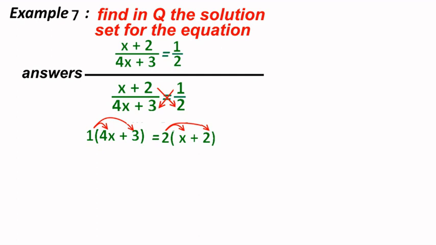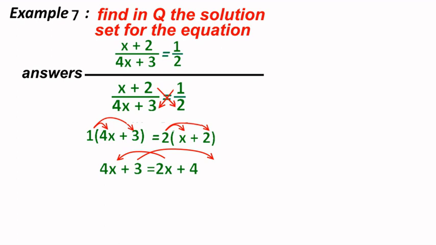Now multiply the numbers outside the brackets by the terms inside the brackets. 1 times 4x and 1 times 3, and on the right hand side 2 times x and 2 times 2. 1 times 4x, the answer is 4x, plus 1 times 3 equals 3. 2 times x equals 2x, 2 times 2 equals 4.